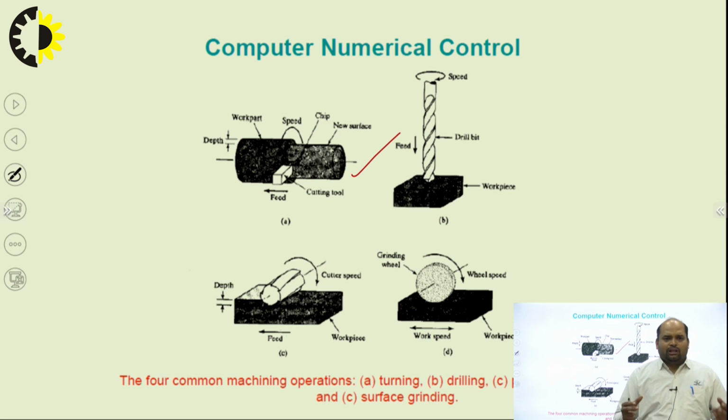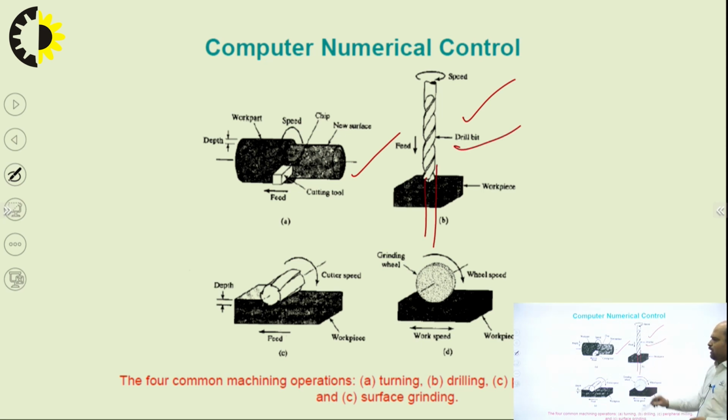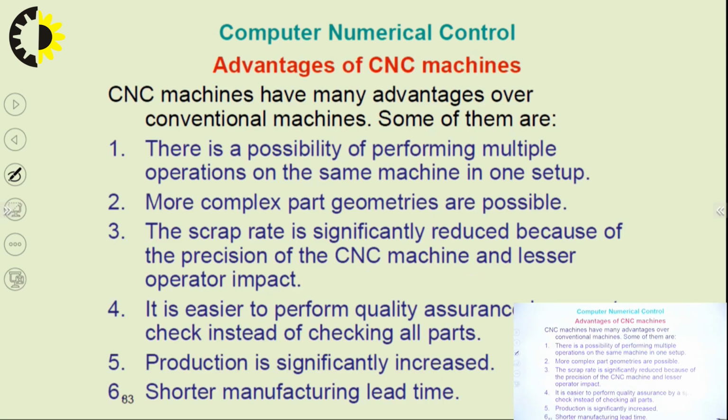In turning we reduce the diameter of a shaft or other bar as per the need of the manufacturing process. Then there is drilling: if we have to create a hole in any component, we use drilling machines. Similarly, milling and grinding are used, and surface grinding is used for machining operations. These are the common manufacturing operations that can be used in computer numerical control machines.